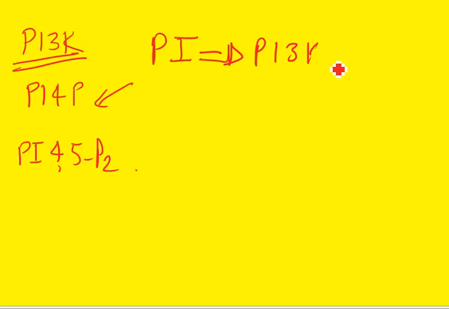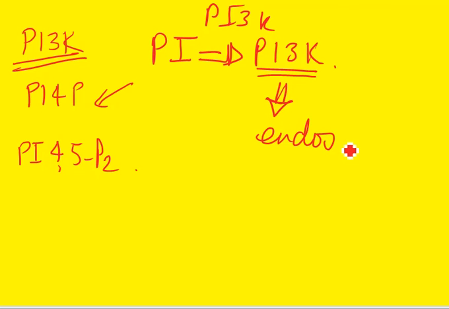That is phosphorylated by PI3K as well, right? So this one is responsible for the endosomal lysosomal pathway. And this is coming to an end, so I'll continue this in the next video.